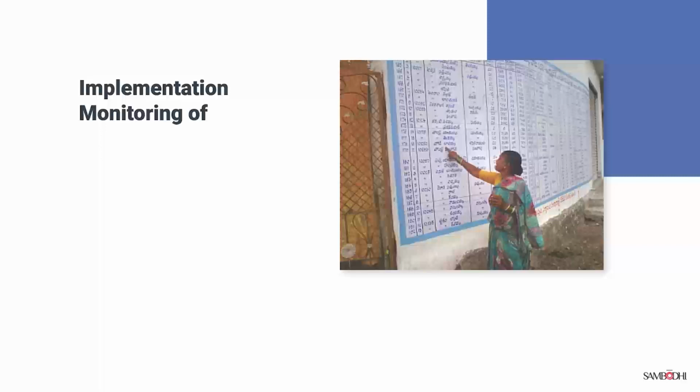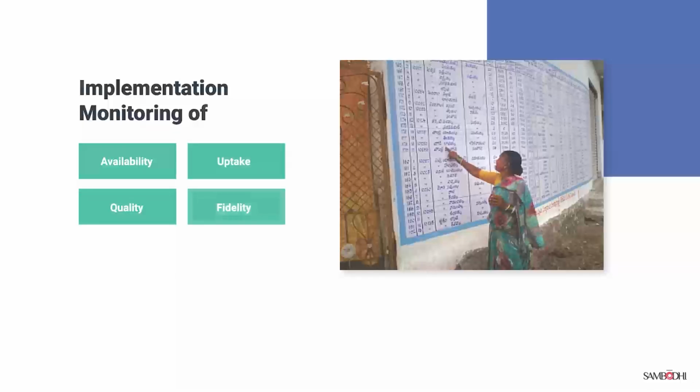This ensures that the aspects of the program have been implemented correctly and the positive effects of the program are showing. Through this approach, the evaluators are able to avoid any incorrect conclusions or implementation of the program. There are certain indicators that are used to monitor when it comes to implementation monitoring, such as availability, uptake, quality, fidelity, and compliance, depending on the study or program.